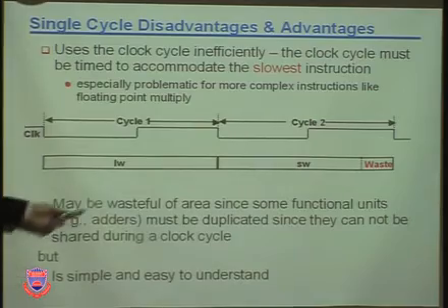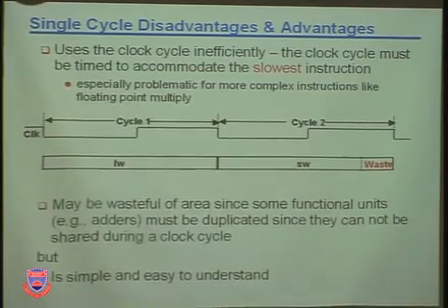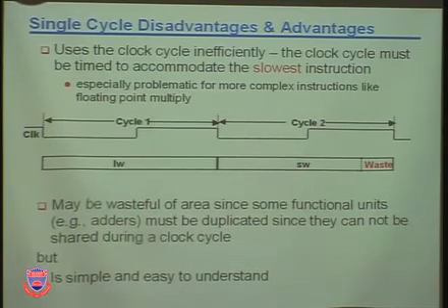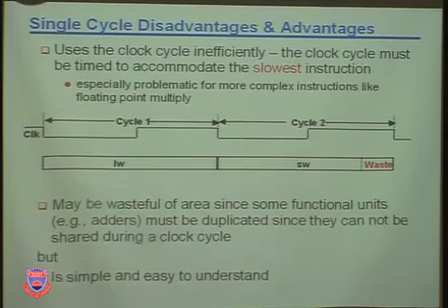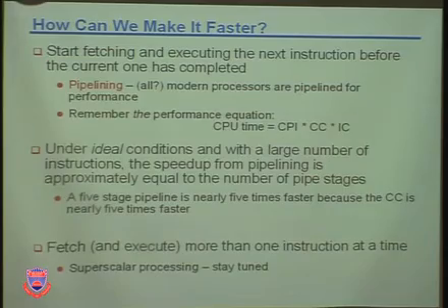It may also be wasteful of area, because we have functional units, like adders, that have to be duplicated since they cannot be shared during a clock cycle. So you have to have multiple copies of things, which we saw. But it is simple and easy to understand. So that's why we begin with single cycle machines.